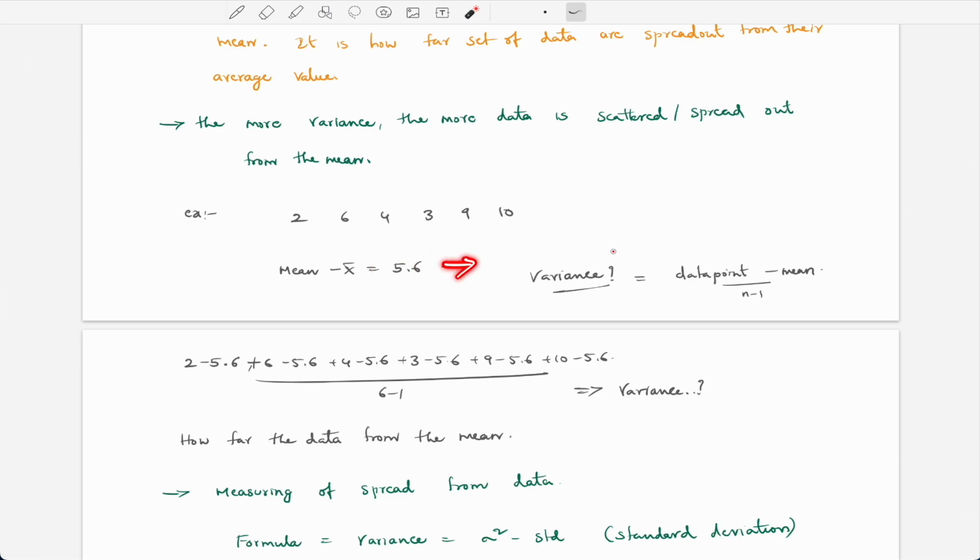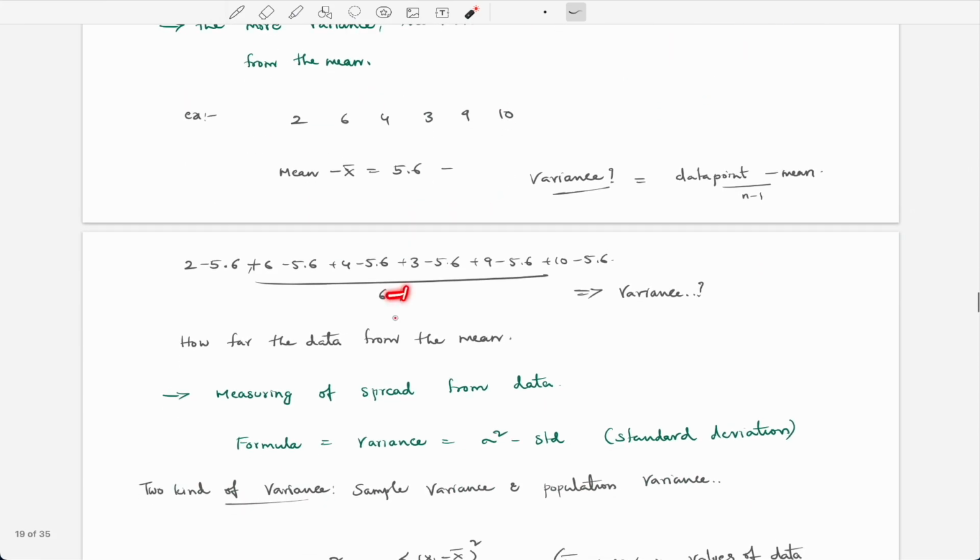And how are we going to find the variance here? The variance means how far the data points differ from the mean, which is 5.6. We have to find the distance from data point 1 to this mean, so we are subtracting this from this, and then we divide by n minus 1, which is the number of observations minus 1. Why we are using minus 1, we're going to discuss in further lectures.